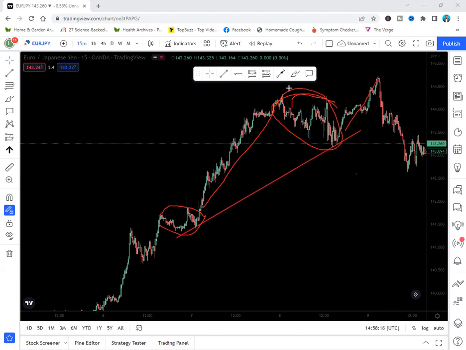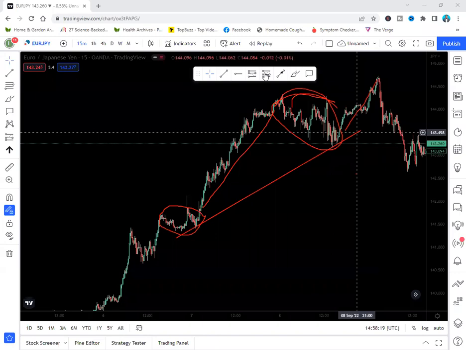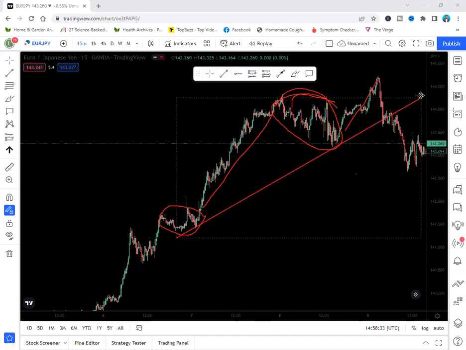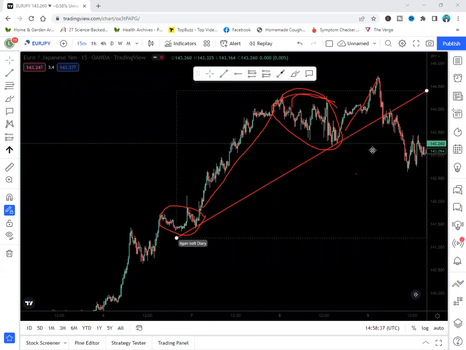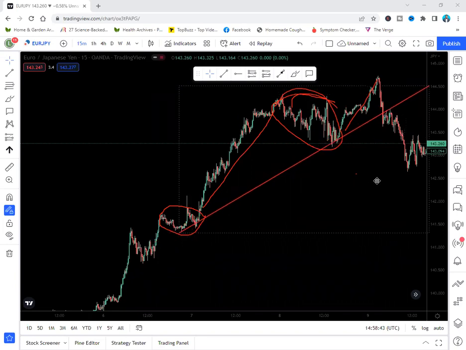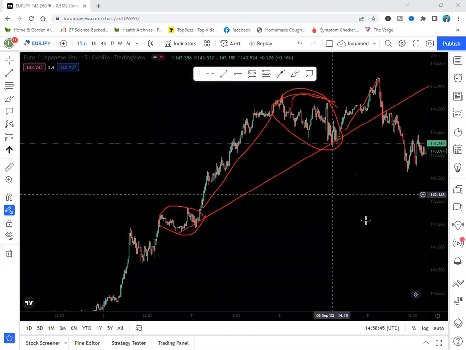So once that is broken, then the person assumes that, this is 15-minute Euro JPY, so once it is broken, as it has done here, then the person assumes that the trend line is broken. As we can see here, you see it? The trend line is broken.